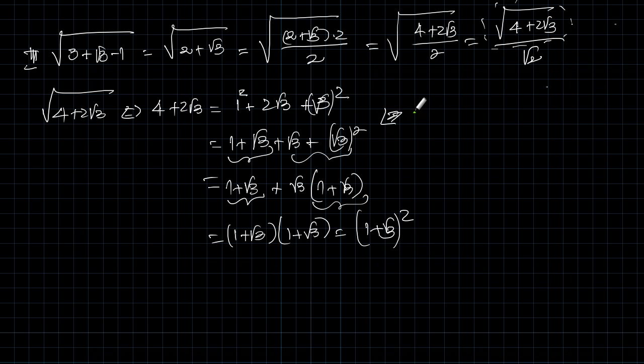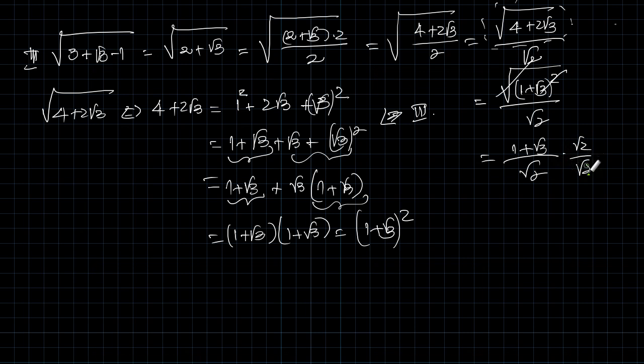So we have that our case 3, which we now transformed to this, let's put the continuation in here. This will give us 1 plus square root of 3 to the power 2 over square root of 2. This is a positive number, so it's 1 plus square root of 3 over square root of 2. I multiply this by square root of 2 and divide by square root of 2.